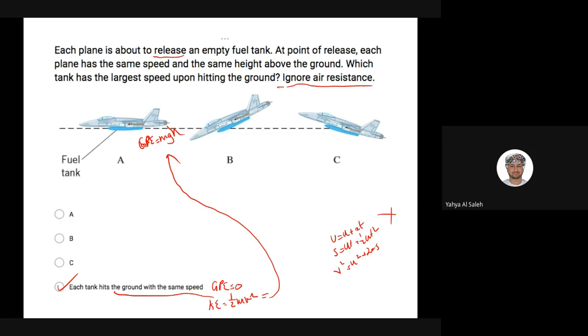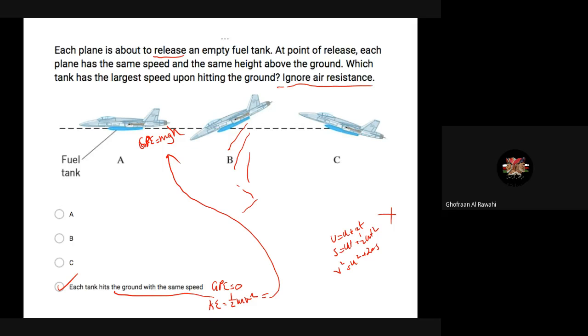So if this thing is released at this angle and then it starts rotating, what would happen? Can you imagine? Anyone? If the fuel tank starts rotating, spinning in the air as it falls, what would happen?